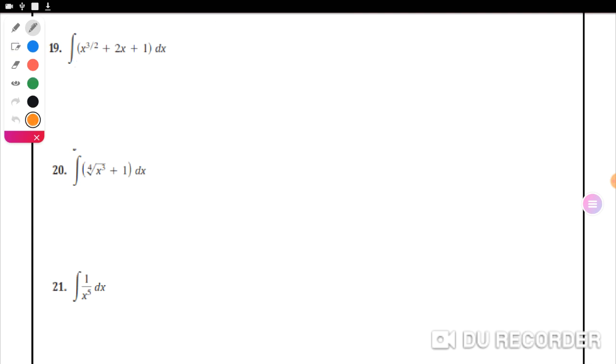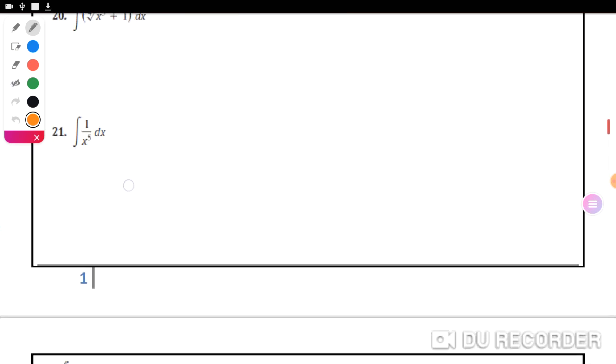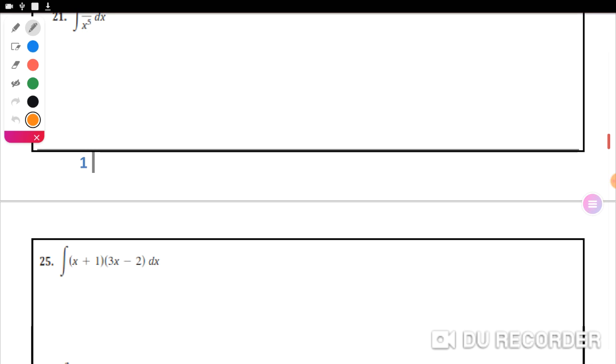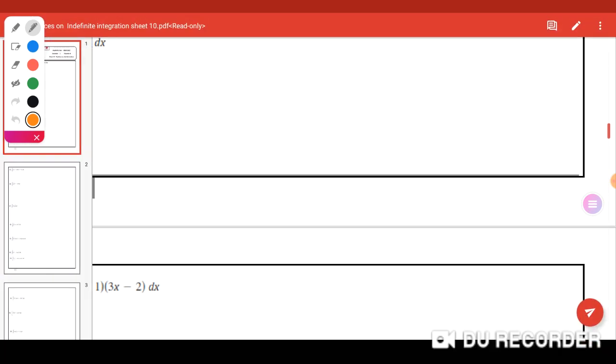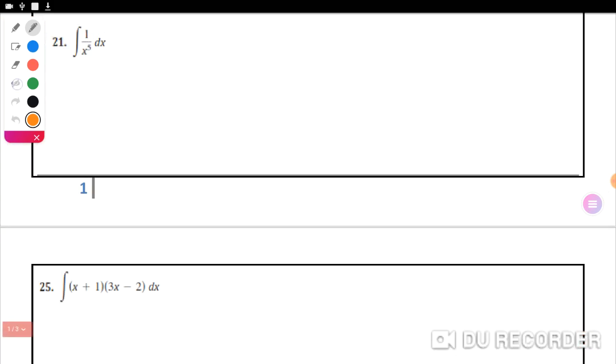Just apply the rule. Here, I need to rewrite the function to be ready for the power rule and apply the power rule. Rewriting this function, it will be x to the power negative 5 with respect to x.